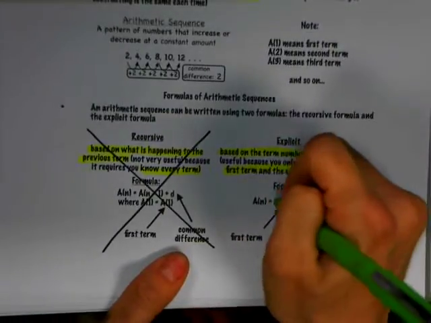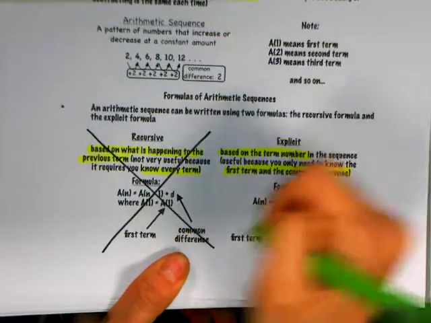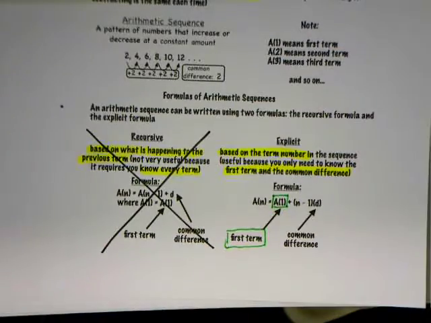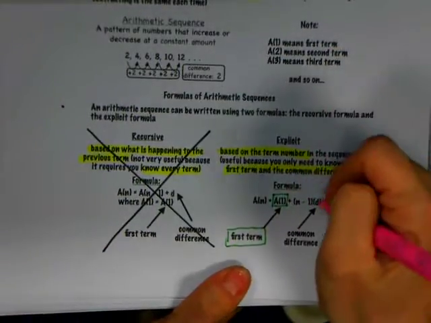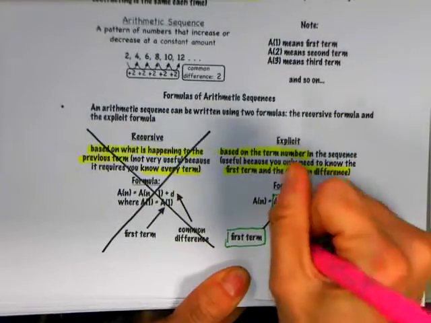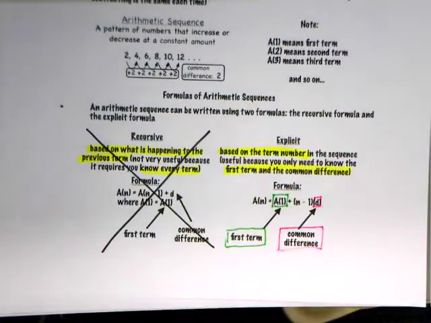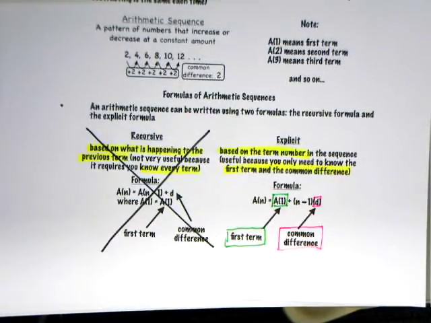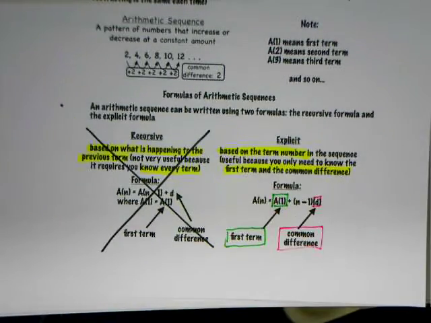You're going to plug in something for right here, A of 1, that's your first term. And then you're going to plug something in for D, that's your common difference. This is supposed to be -1.